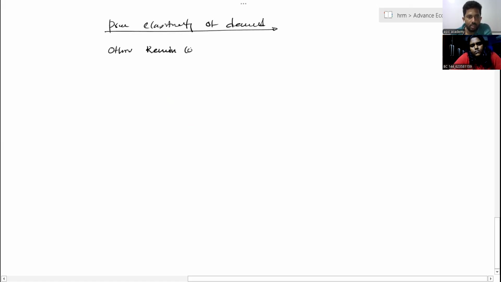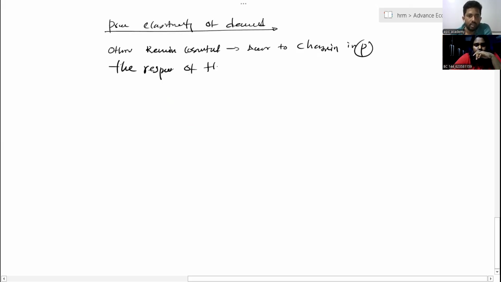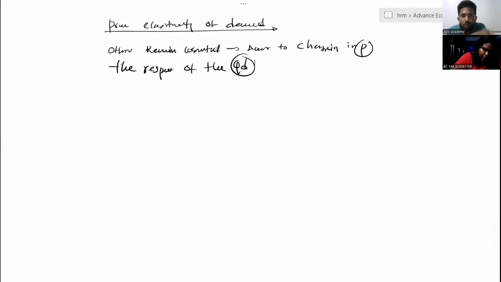When other things are remaining constant, according to changing price, the response of the quantity demanded. Very simple. When other things are remaining constant, according to changing price, the response of the quantity demanded.